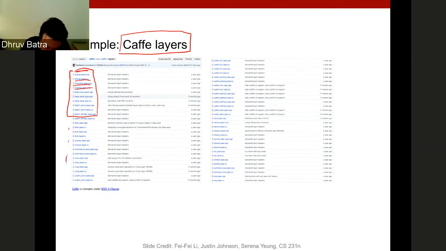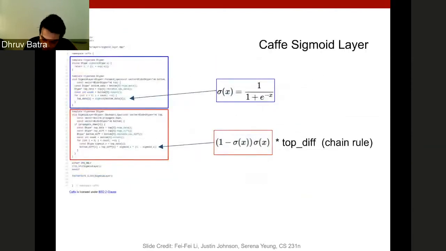For every kind of layer, you have a function implementing both a forward and a backward pass, and you could implement your own. Now you just pick and choose from these things. For example, there was a Caffe sigmoid layer implementing in the forward pass the sigmoid operation, 1 over 1 plus e to the negative x, and in the backward pass implementing the gradient or the Jacobian of this with respect to x, 1 minus sigmoid times sigmoid. It's just the chain rule implemented at this layer.